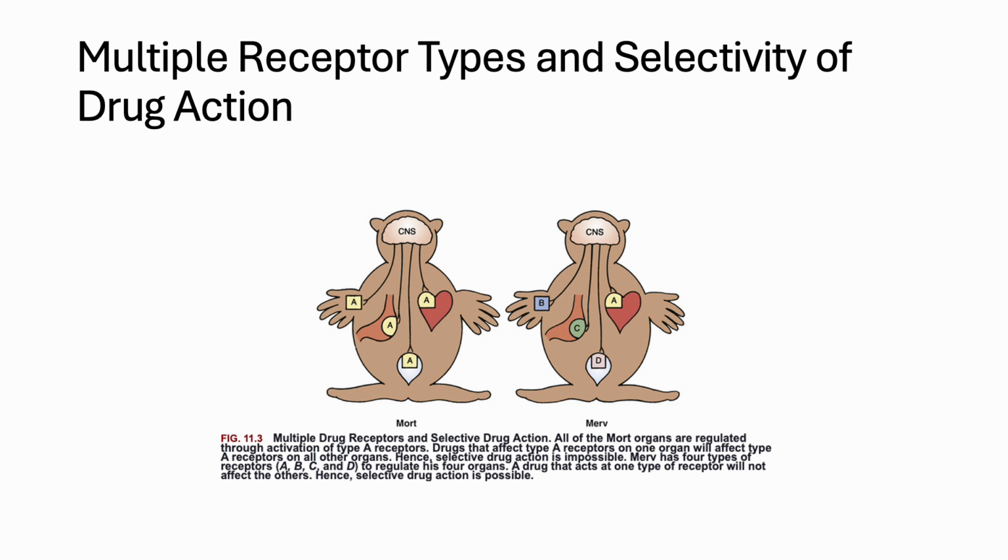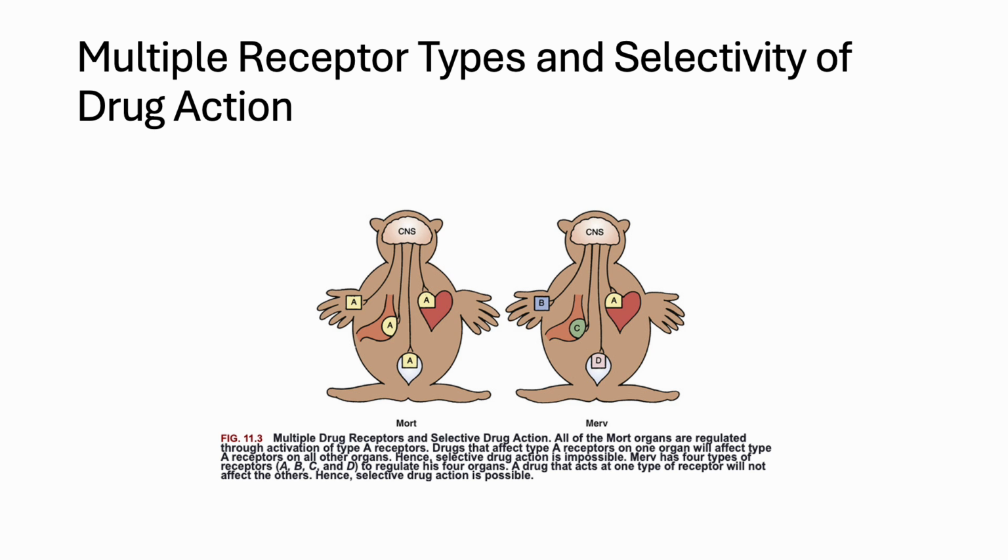But because of the simple but important difference, we now have selectivity. The selective drug action that was impossible with Mort because he only had one receptor, A, we are able to achieve more easily with Merv because he has receptor A, receptor B, receptor C, and receptor D.